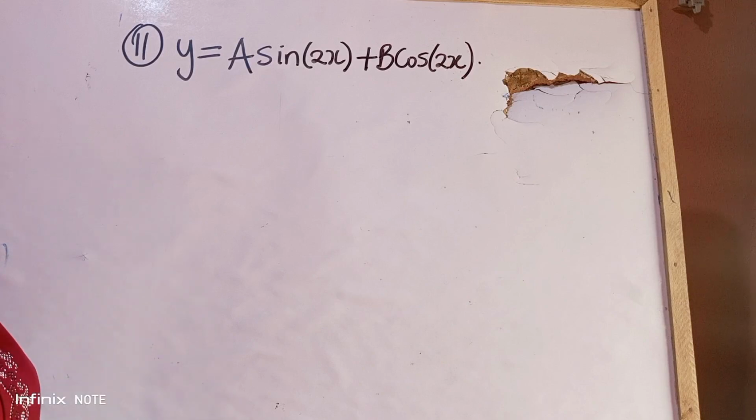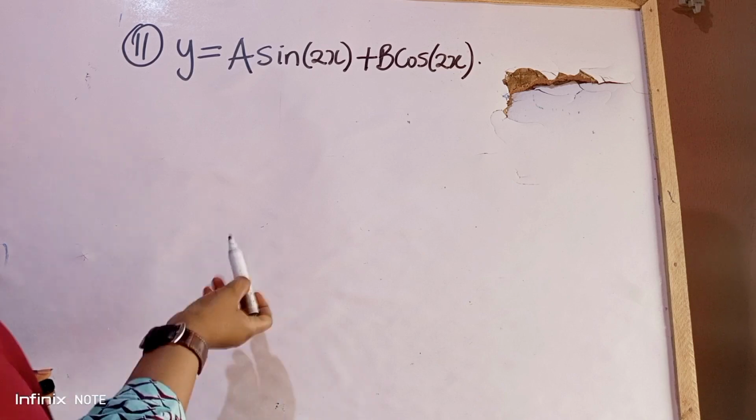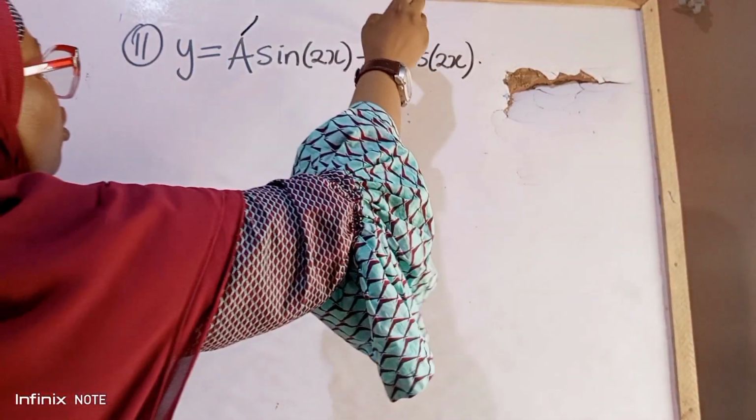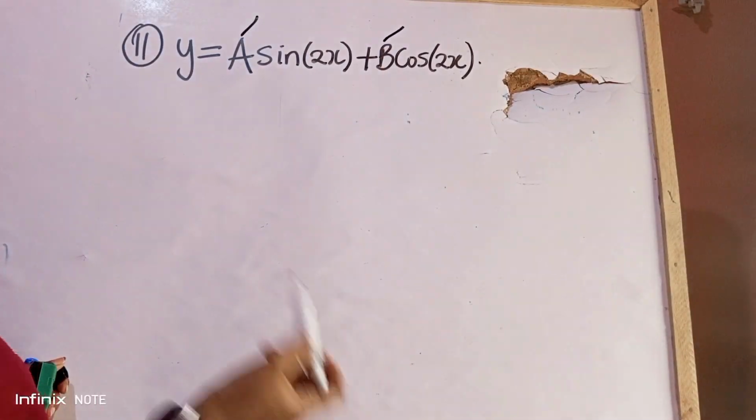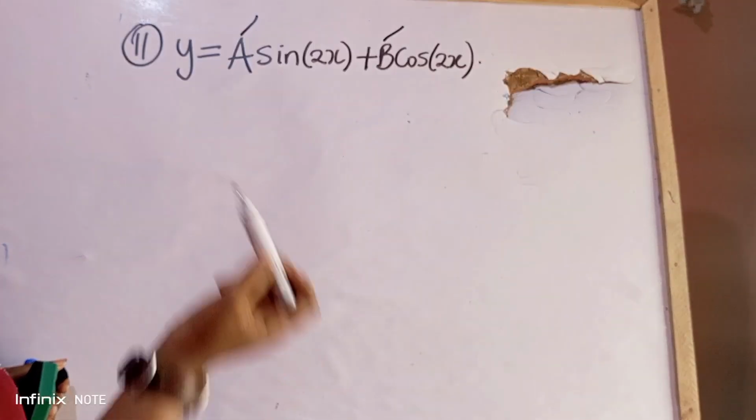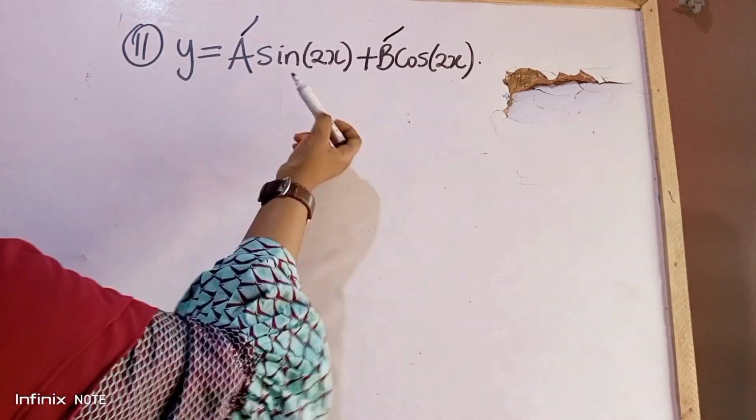So here is another example. y is equal to A sine 2x plus B cos 2x. The first thing that you have to note here is the number of constants, that is the parameters. How many parameters are in the function?